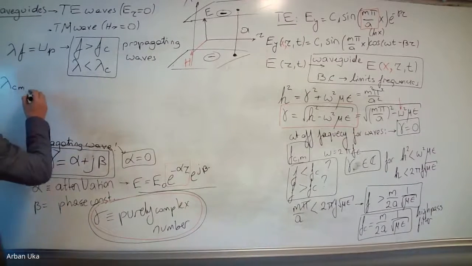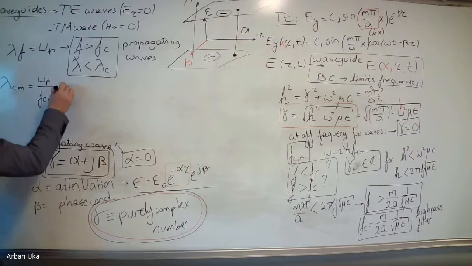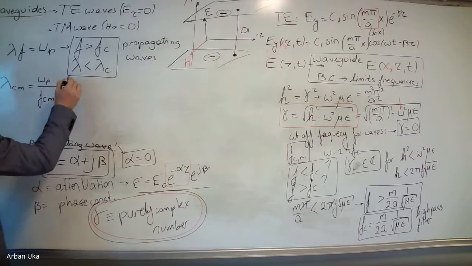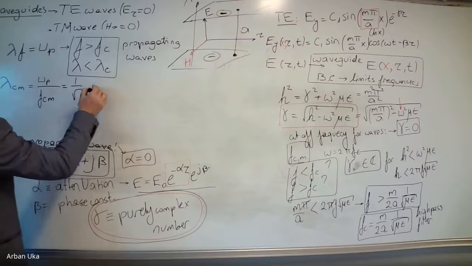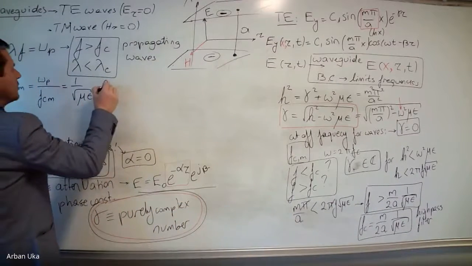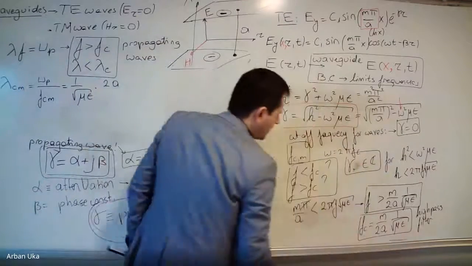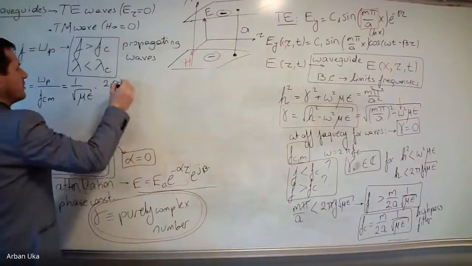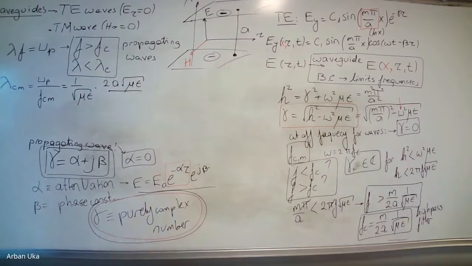This would be equal to the propagation speed, the UP, divided by the cutoff frequency. And here, the propagation speed is 1 over the square root of permeability times permittivity, times 1 over the frequency here. This is equal to 2a times square root of permeability times permittivity divided by n.